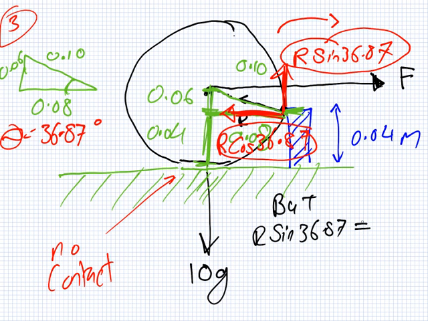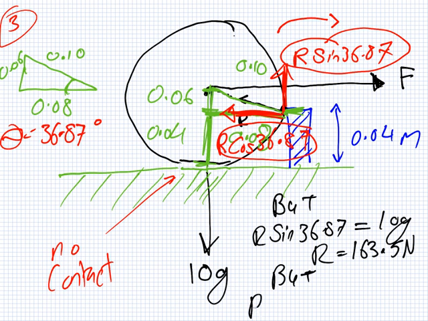It has to equal 10g. Correct. So then R equals 10g divided by sine 36.87. So you get R must equal 163.5 newtons. But R cos 36.87, what must that equal? F. So now we have our answer for F.